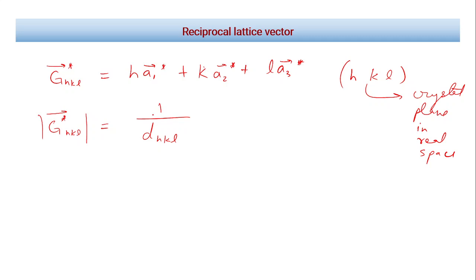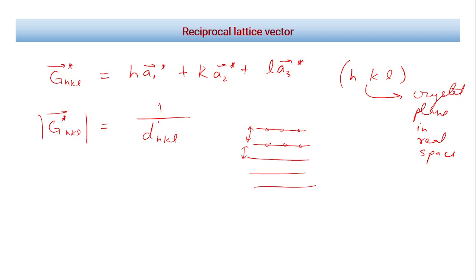So the expression for the magnitude of this reciprocal lattice vector, very interestingly, comes out to be the reciprocal of the interplanar distance. You remember, right? When we have crystal planes like this parallel to each other, they have some particular spacing between them. Whatever atoms are there on these crystal planes, they have some interplanar distance that we define by d hkl.